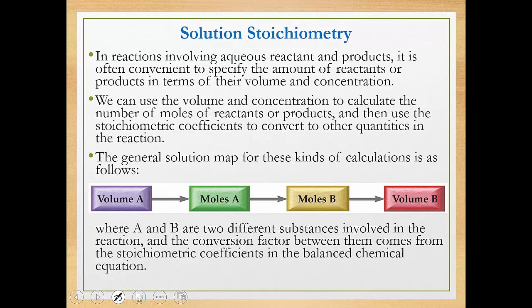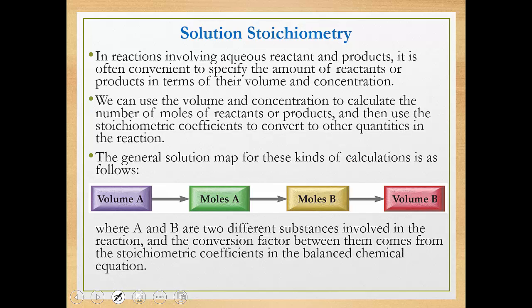This is different from dilution. If I have a reaction which involves reactants and products that are in aqueous solution, often it's convenient to specify the amounts of reactants or products in terms of volume and concentration rather than in terms of mass.